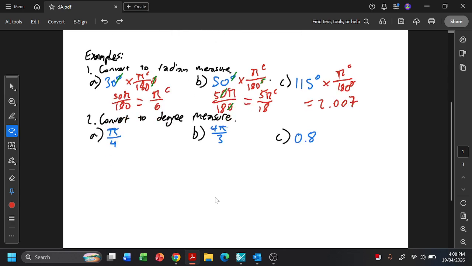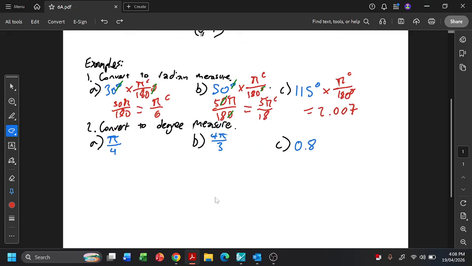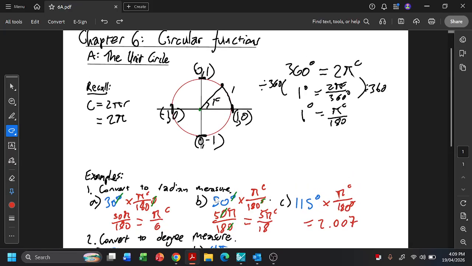Now, if we wanted to convert from radian to degree measure, we're going to be multiplying by the opposite ratio. So over here, we've got that 1 degree is equal to pi radians over 180 degrees.